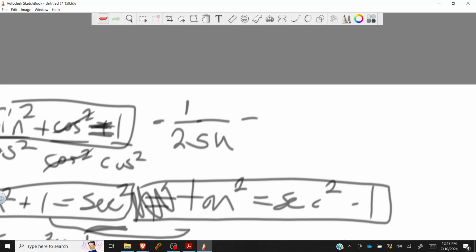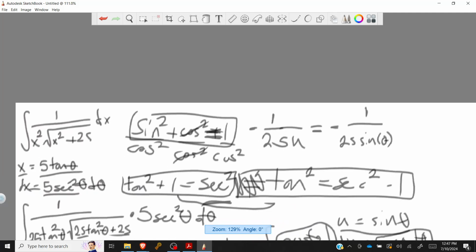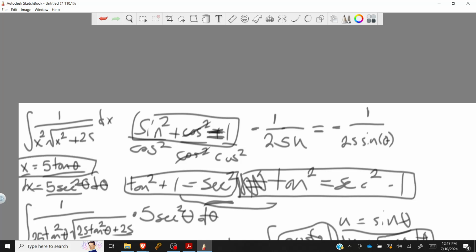Let's do the substitution back to sine of theta. Then we want to go back to our first point.